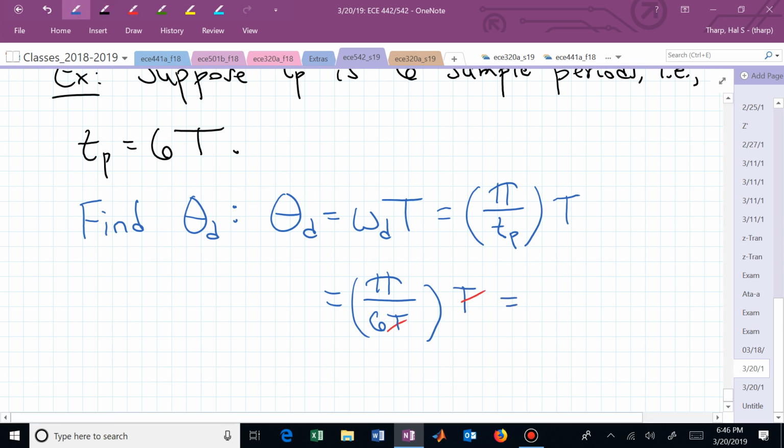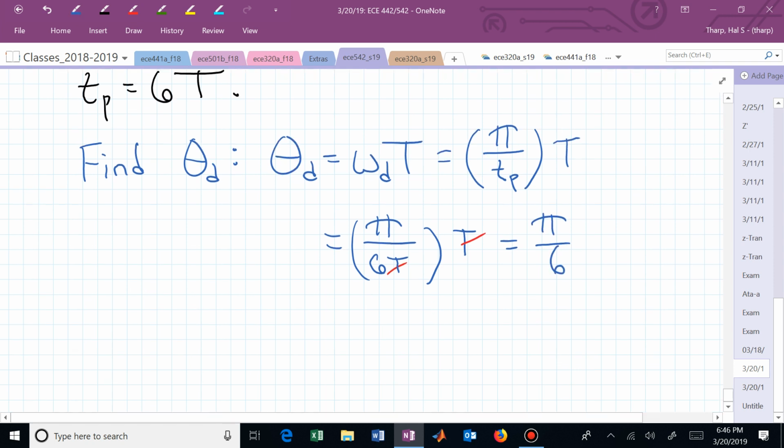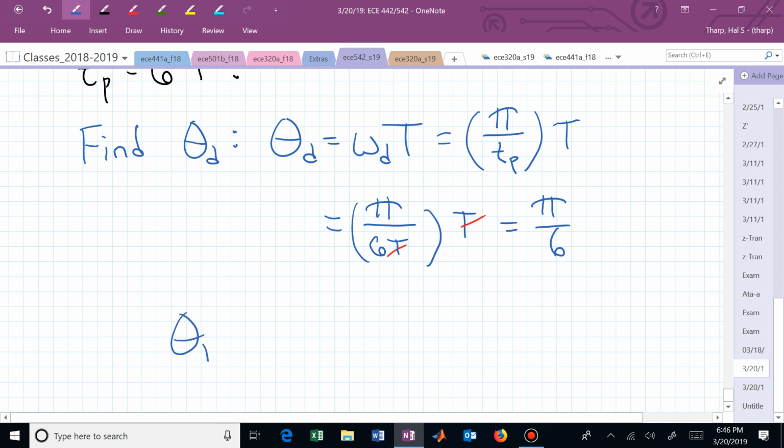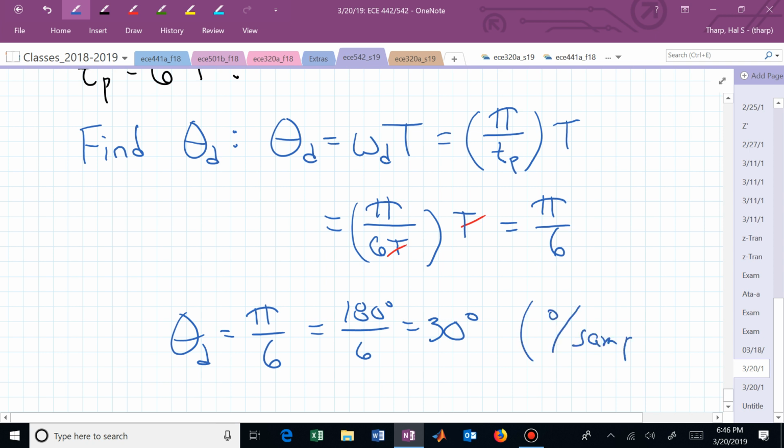So what is theta d for a peak time of 6 sample periods? Theta d in radians is pi over 6. In degrees, it's now 30 degrees. So now we have 30 degrees per sample.